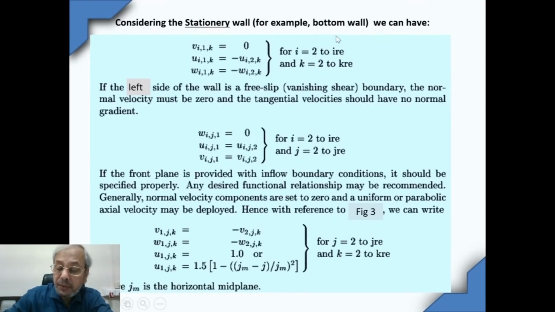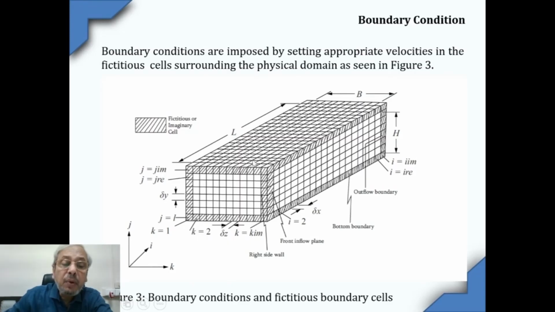So if I go back by one slide, bottom wall, that means if you exclude the imaginary cells, the physical domain is described by all these internal cells and the domain boundary, that means the stationary bottom wall, for example.